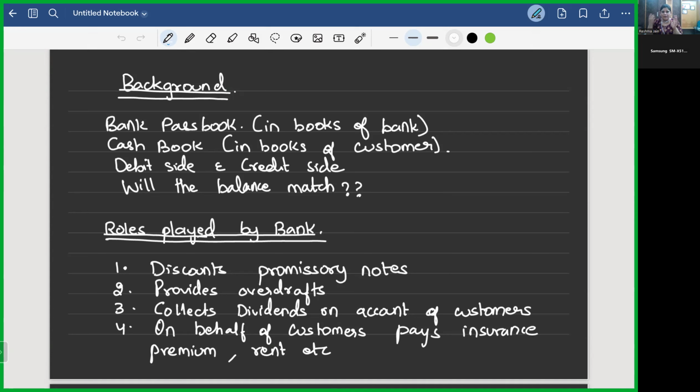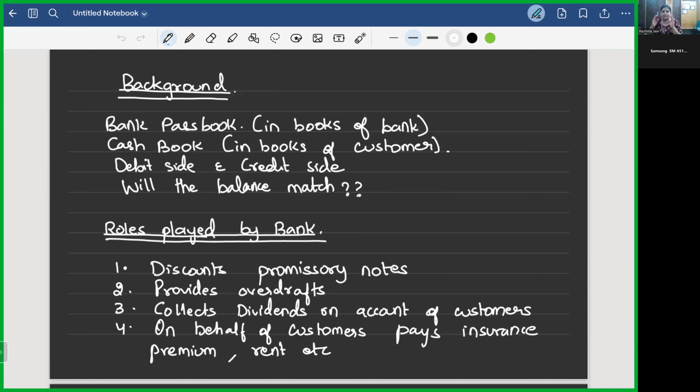You will be thinking the balance should match, right? I have issued, I have given money, and the same will be shown in the passbook. Whatever the transactions in the cash book, the balance generally does not match. Why is it so? This we will learn in this chapter.